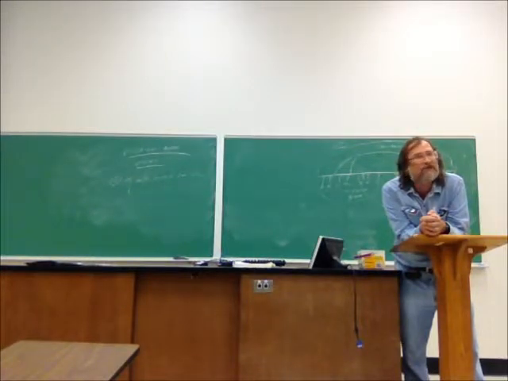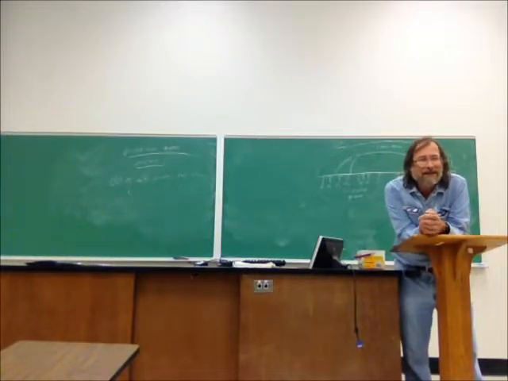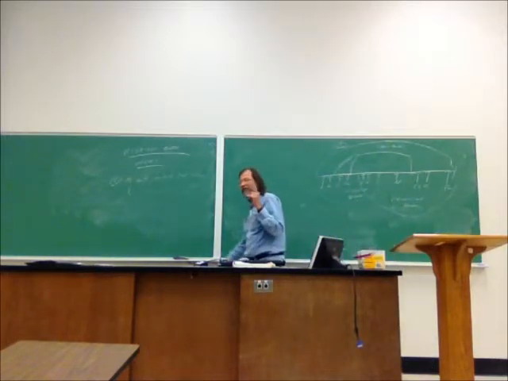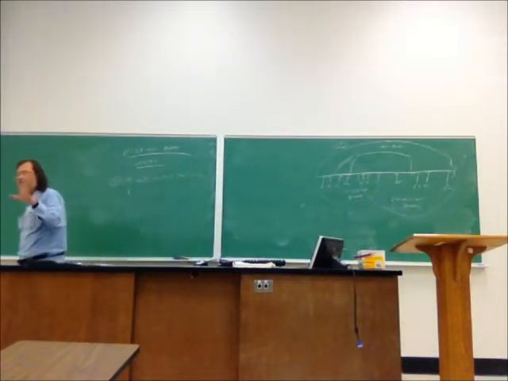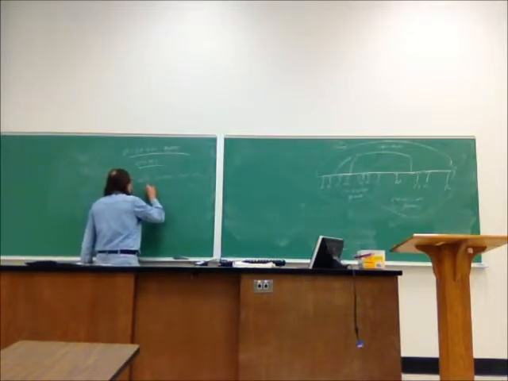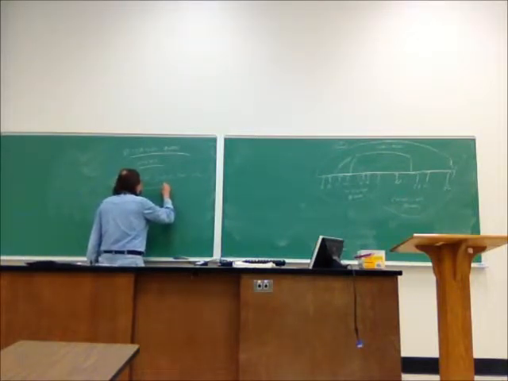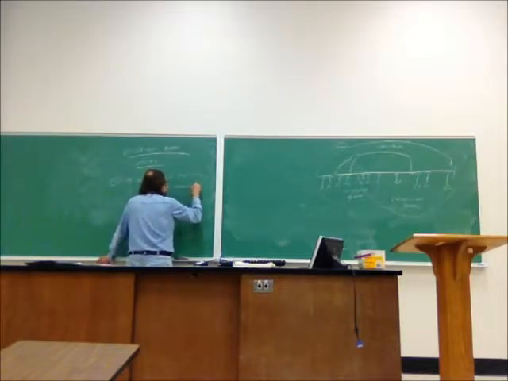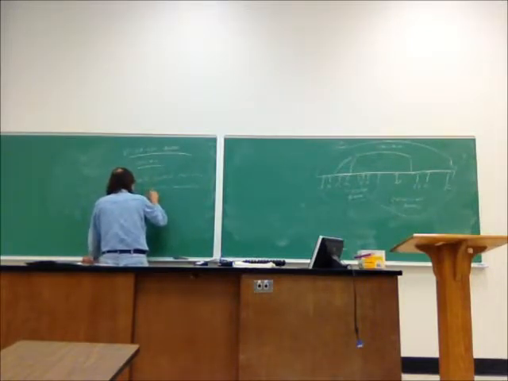What's the difference between those? Electronegativity. You have to covalently bond to something that's a lot more electronegative than you are. So, we'll say covalently bonded to an electronegative atom.